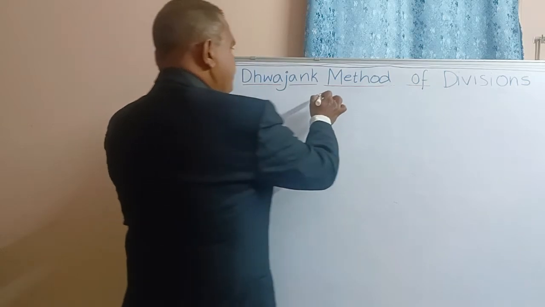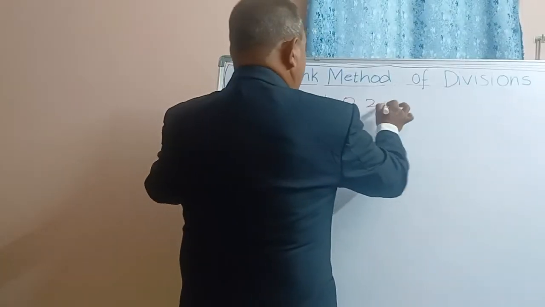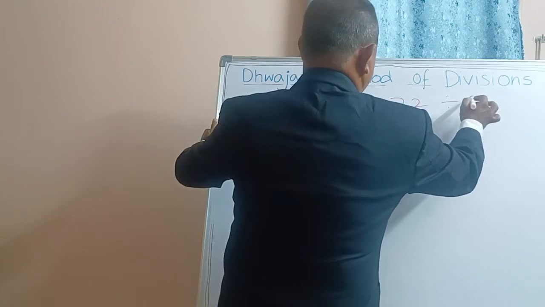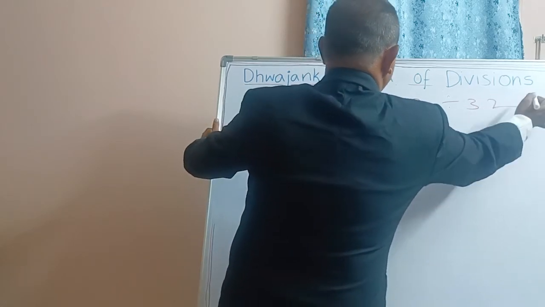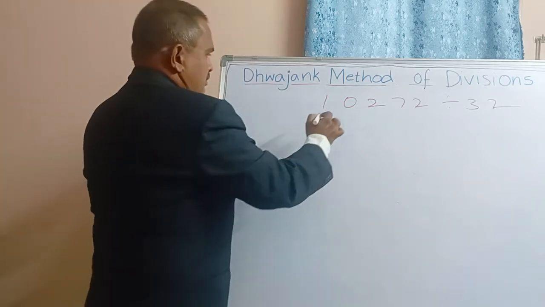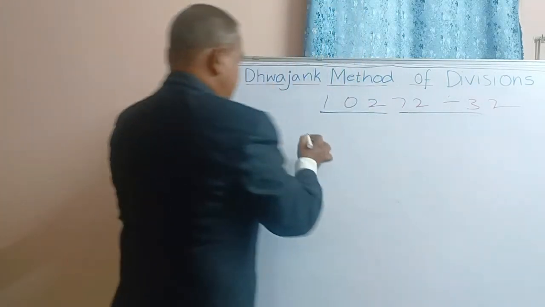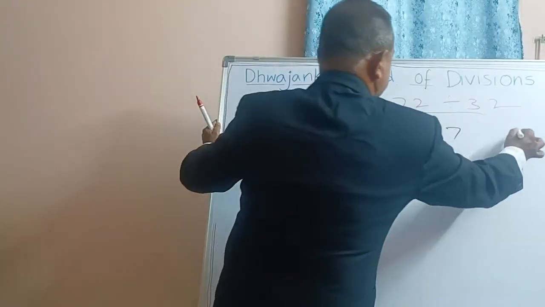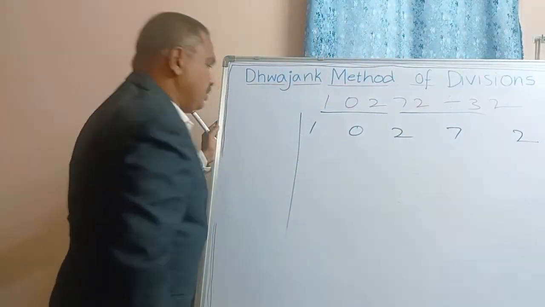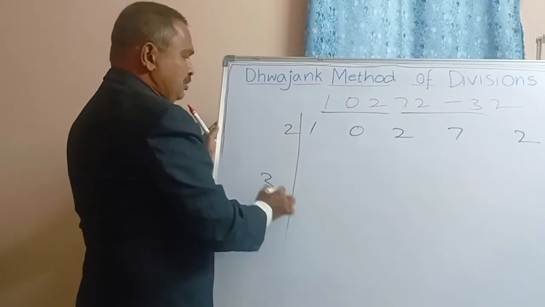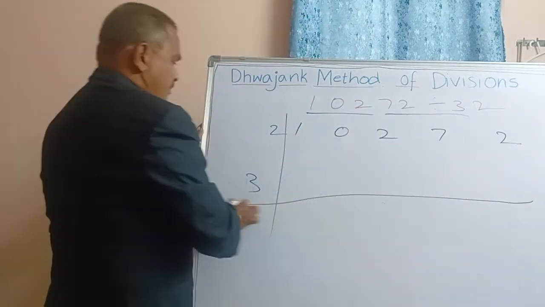Next example. 10272 divided by 32. Let us write like this. 10272 divided by 32. 3 is the base number, 2 is the flag number.